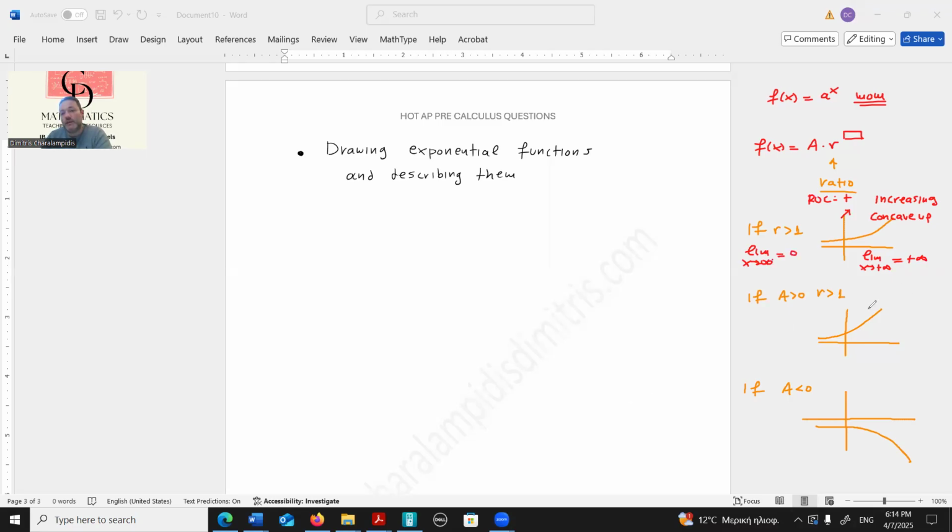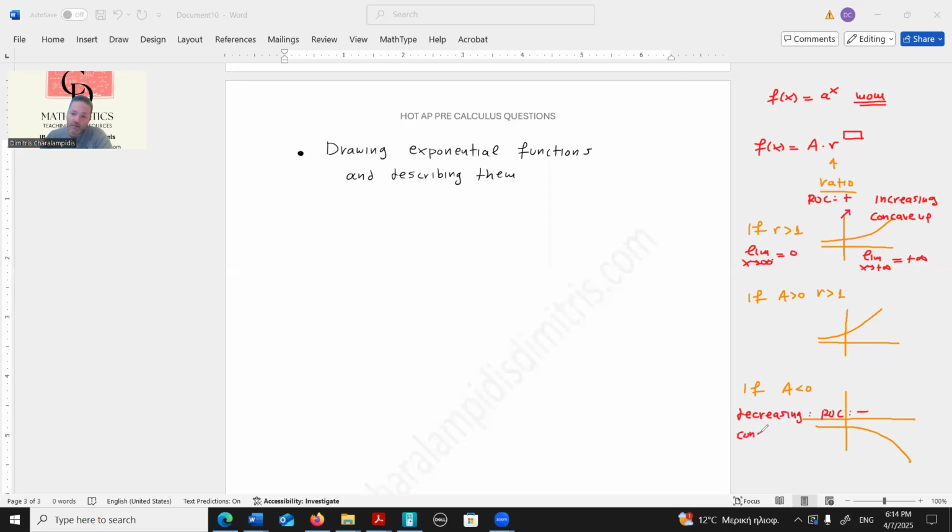Same thing goes for the case where a is bigger than 0. But you do see that if we multiply that by something negative, many things change. More specifically, it is now decreasing, which means that the rate of change is now negative.